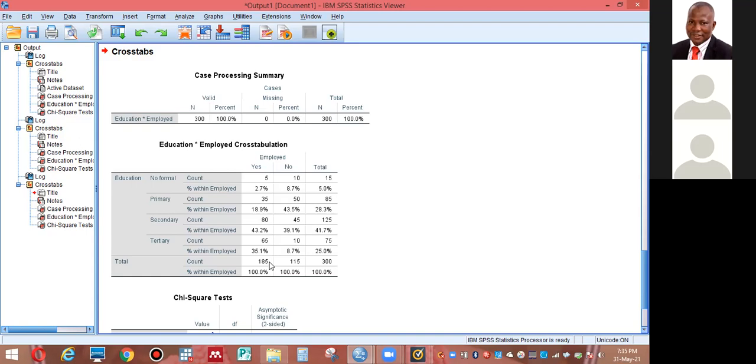I went through the result, and if you get the percentage wrong, the chi-square will be the same. It doesn't change. If it's going to be significant, it's significant; if it's not, it will not be. But once you don't put the percentage right, your interpretation will be wrong.